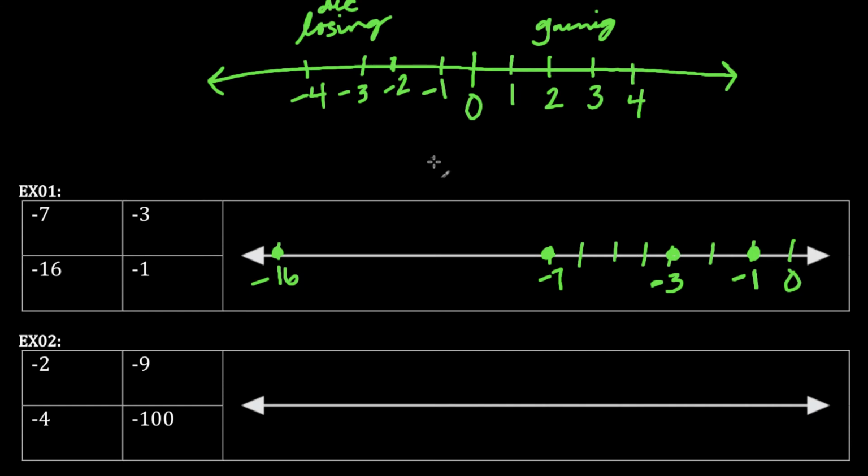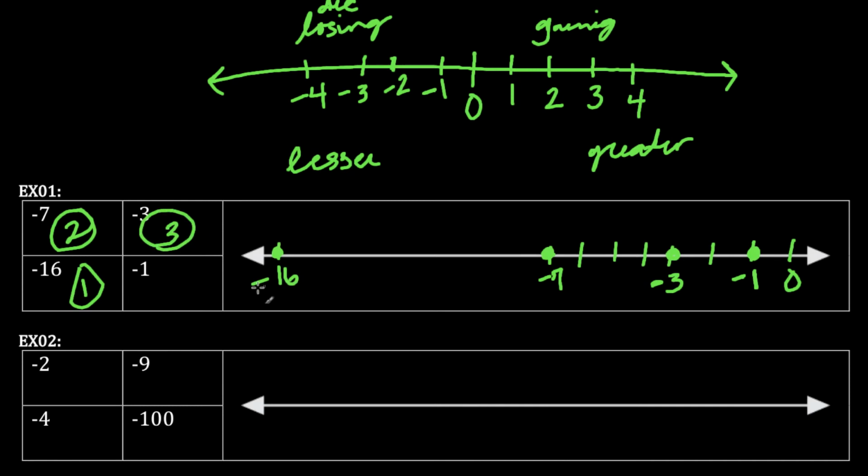So basically anything to the left has a lesser value, and everything to the right, as you go right, has a greater value. So the number with the least value is going to be this -16 here. So that's least value. And then -7. And then -3. And then -1.